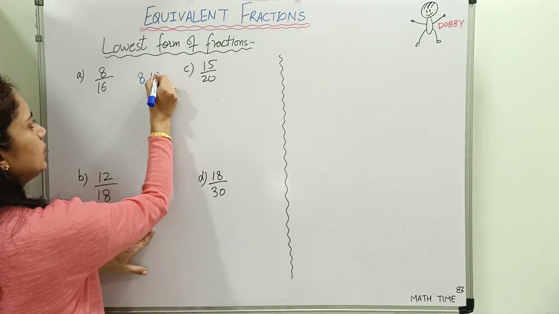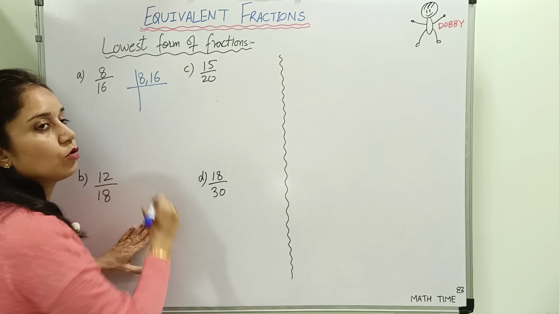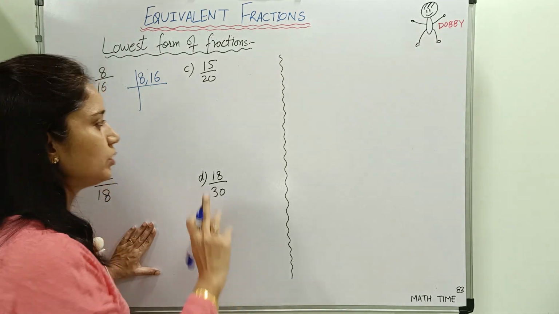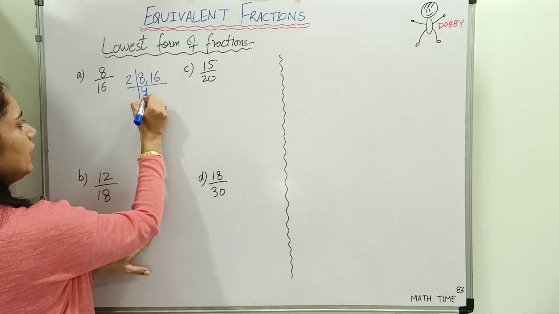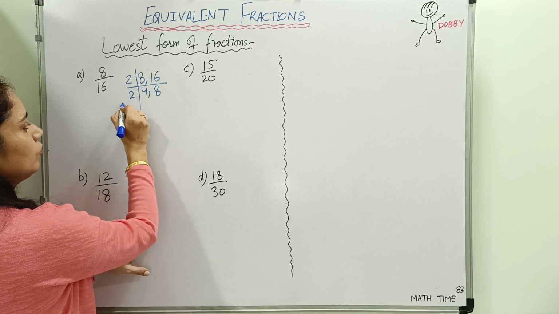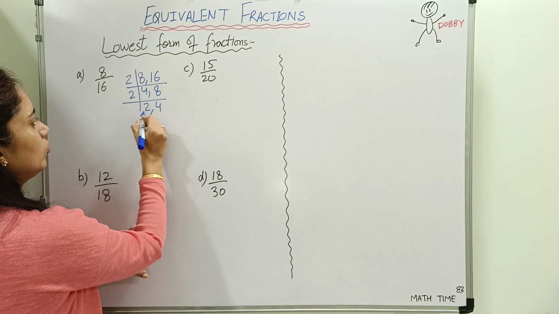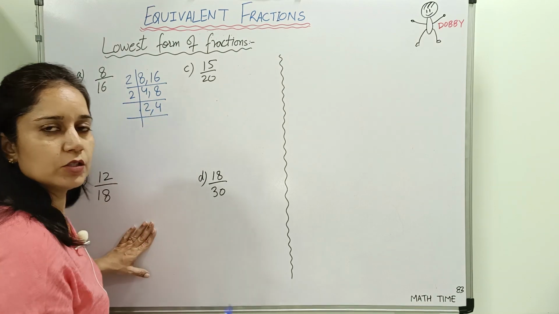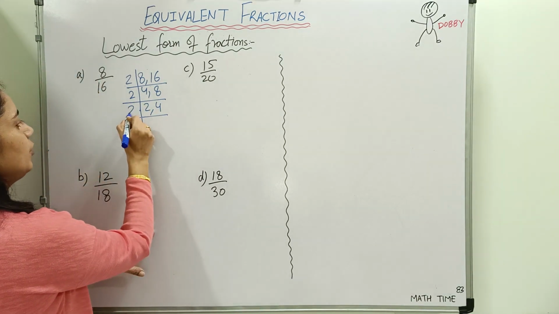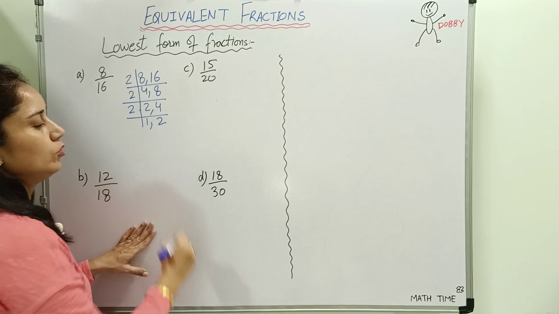So write down the numbers 8 and 16. Common table, only prime numbers, both are even. So 2 4s are 8, 2 8s are 16. Further, even numbers divisible by 2: 2 2s are 4, 2 4s are 8. Again these two are even numbers divisible by 2: 2 1s are 2, 2 2s are 4.